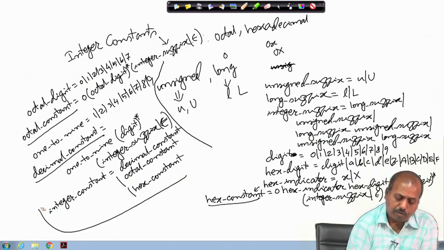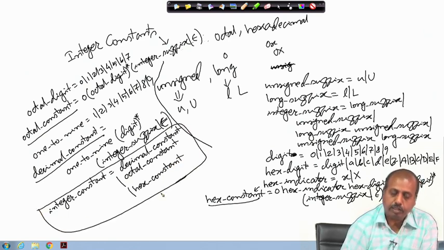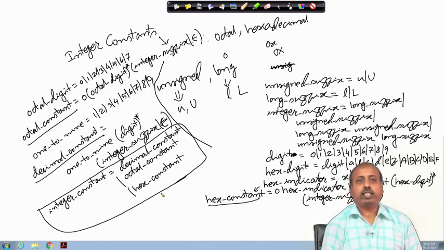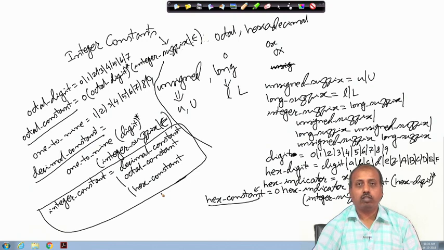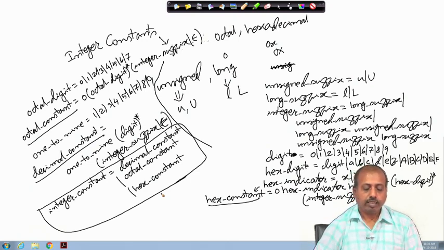So, this is the final definition of integer constant. It takes care of all the issues like decimal constant, octal constant, hexadecimal constant, and it also takes care of these suffixes long, unsigned, etc. So, this way we can define regular expressions for different programming language constructs, and accordingly we can design the corresponding lexical analyzer.